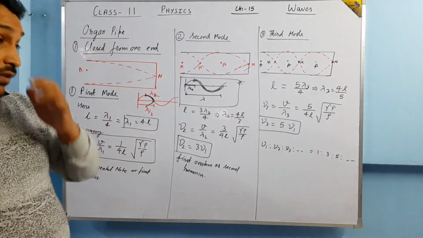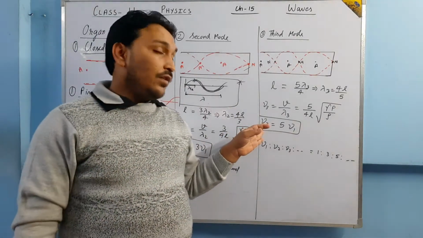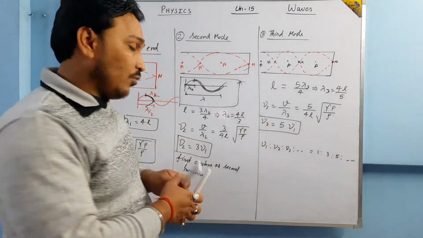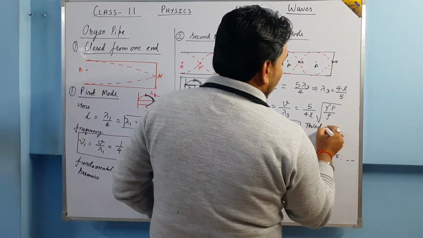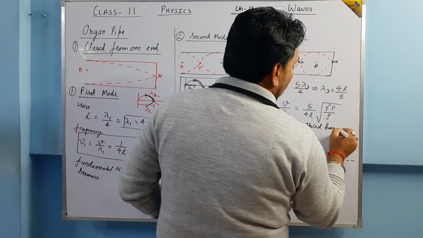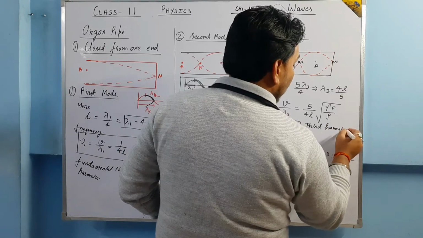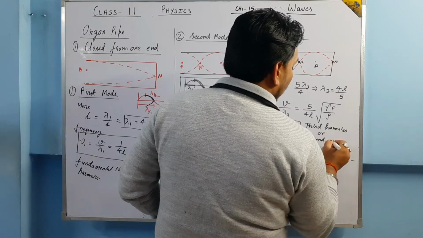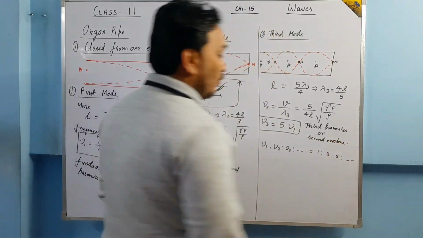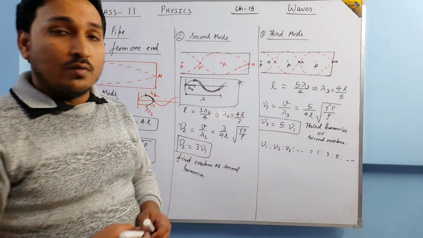Suppose you have been asked what is the name of this mode. So this is going to be the third harmonic. I forgot to write. This is third harmonic or second overtone. Okay, this is third harmonic and second overtone.